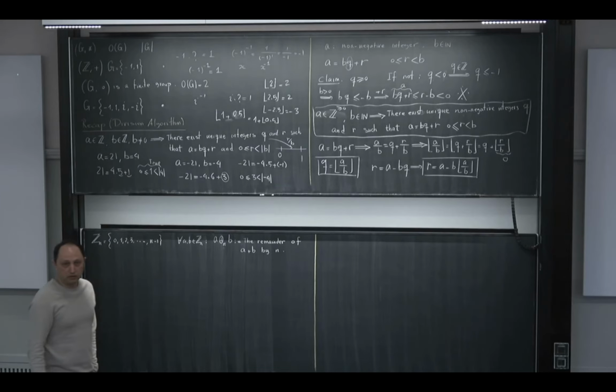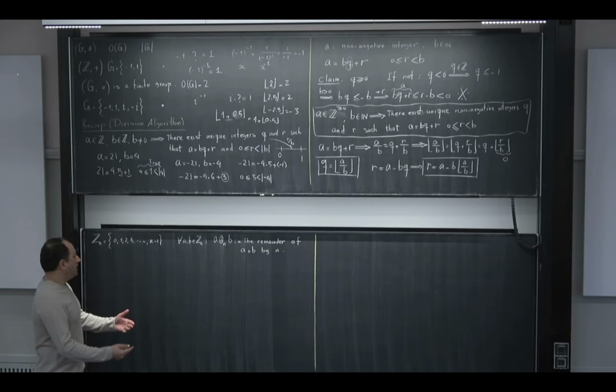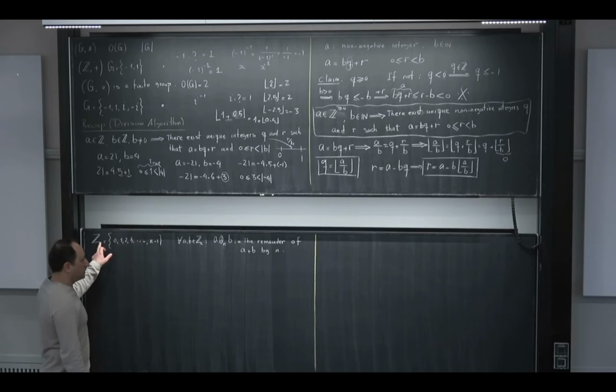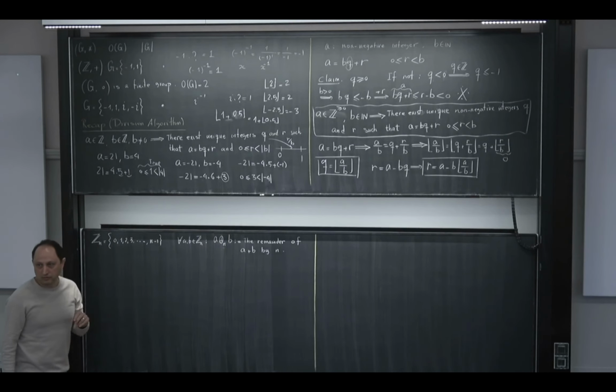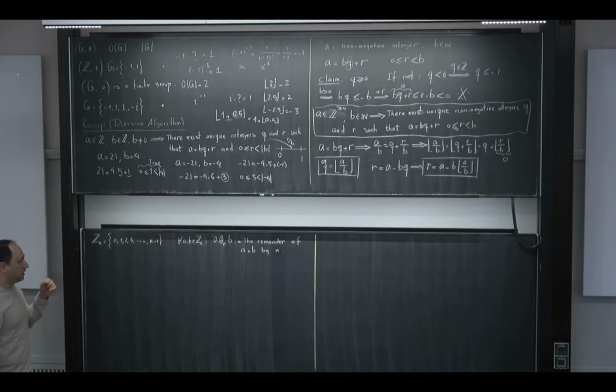So I am writing it as a sentence, yes? My claim is that this set, together with this binary operation, forms an abelian group. Okay, so I want you to help me to do that. What is the first thing I need to do?